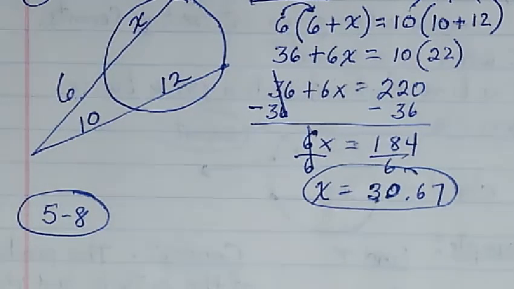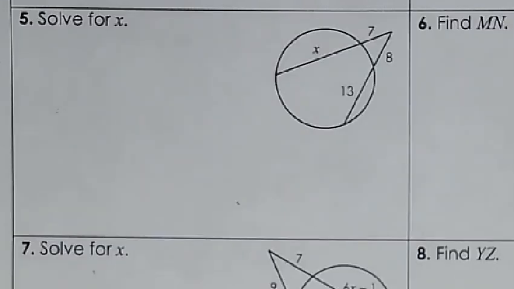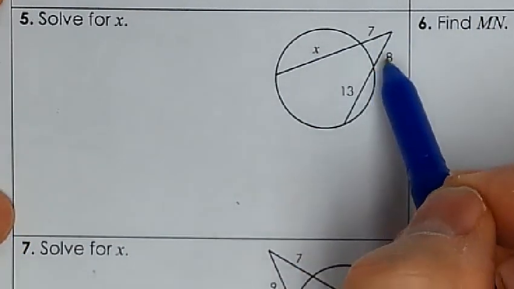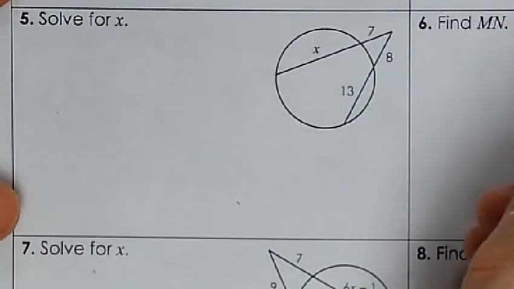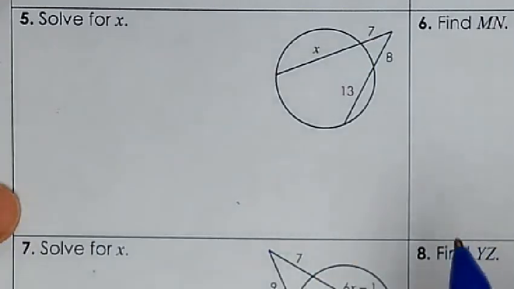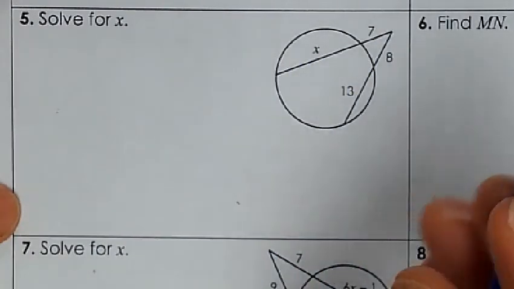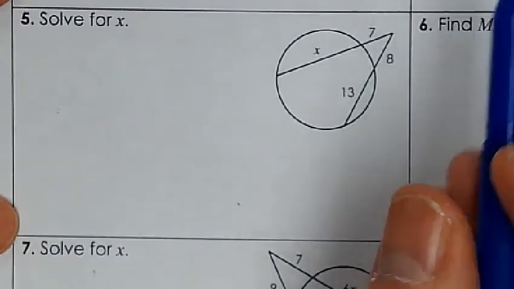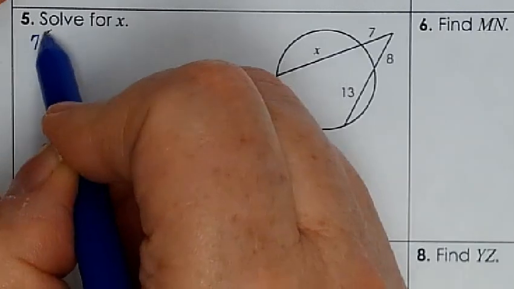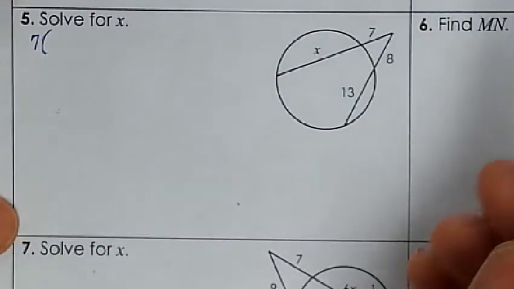Okay, so for number 5, remember it's the outside times the sum equals the outside times the sum. So I always start with the secant with the x in it. What's the outside? Okay. Times the sum. When I talk about the sum, I mean you add the outside plus the inside. So what would that look like?